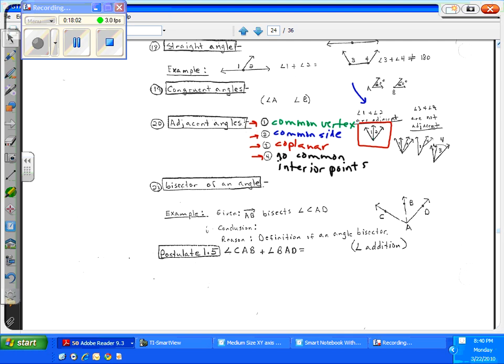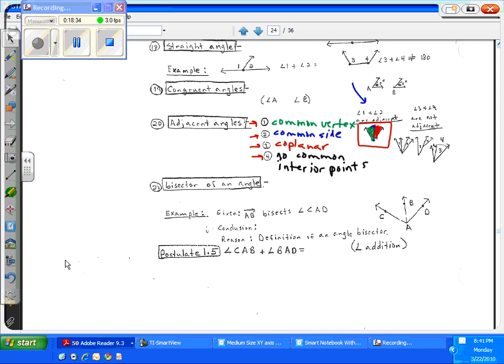First of all, they're in the same plane, same flat surface. They have a common vertex. The vertex of angle 1 and 2 are the same, you can see. They do have a common side. This ray in the middle is a side of angle 1. It's also a side of angle 2. And then we could say, well, the points on the interior of angle 1 were there. The points on the interior of angle 2 were here.